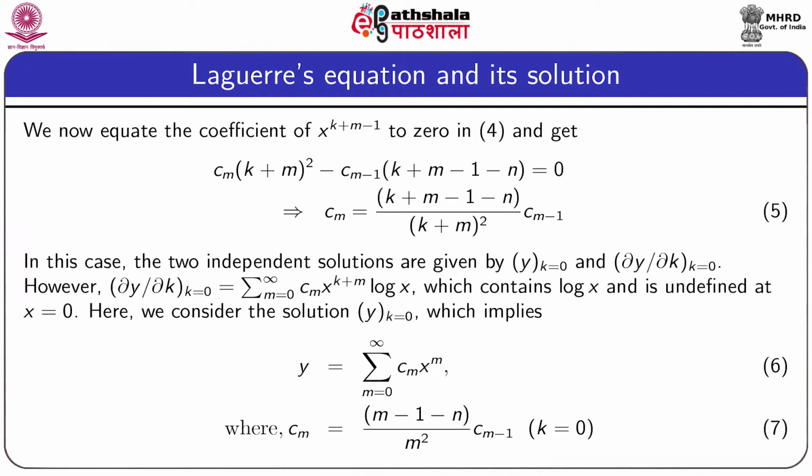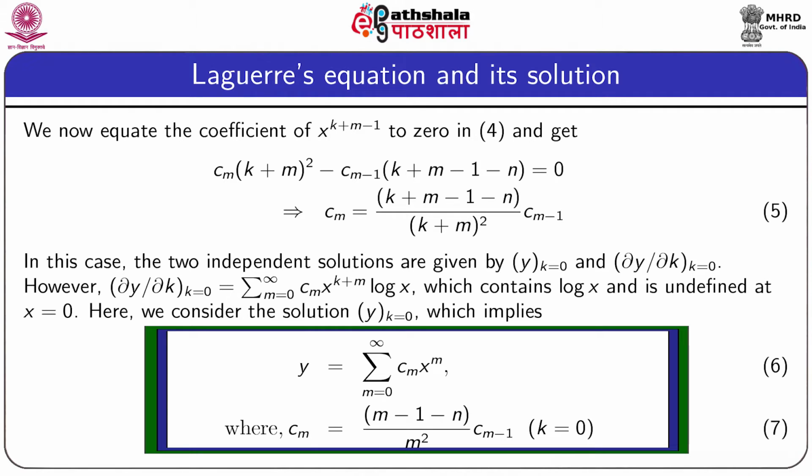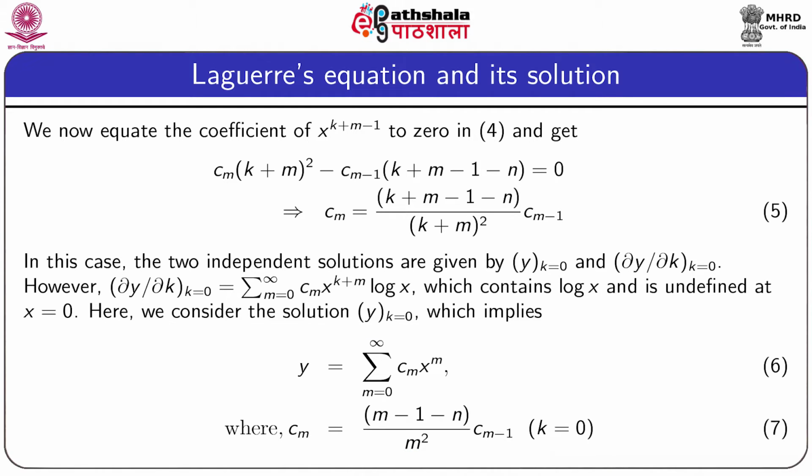So, first we consider the solution y at the point k equal to 0, which will imply y equal to summation m equal to 0 to infinity Cm x to the power m, where Cm is equal to (m minus 1 minus n) divided by m square Cm minus 1, which is calculated from equation 5 by putting k equal to 0, and this we named as equation number 7.